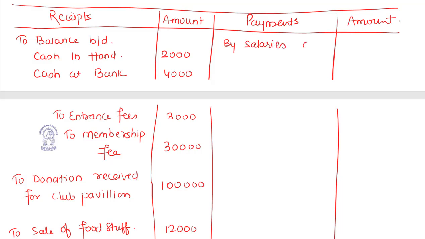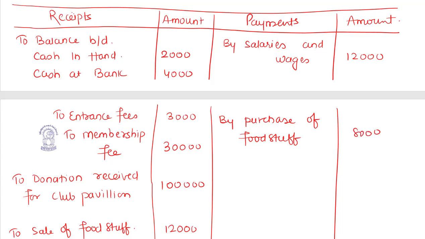By salaries and wages 12,000. By purchase of food stuff 8,000.